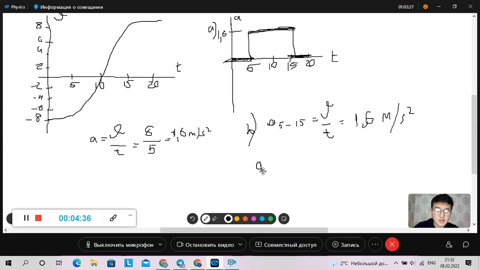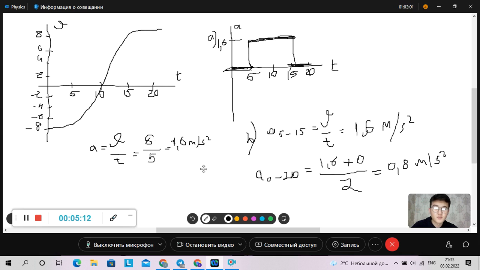And the second acceleration is from 0 to 20 seconds. This will be 1 plus 0 divided by 2, and is equal to 1.6 meters divided by second squared. This is the average acceleration.